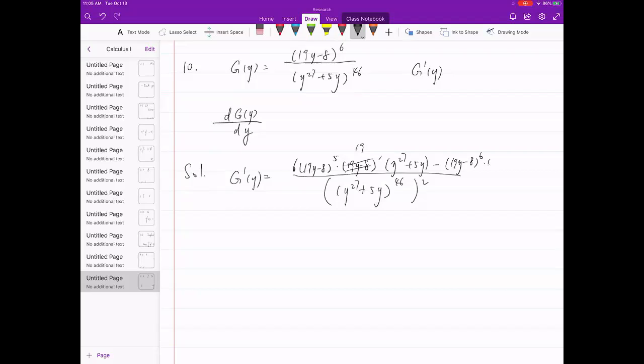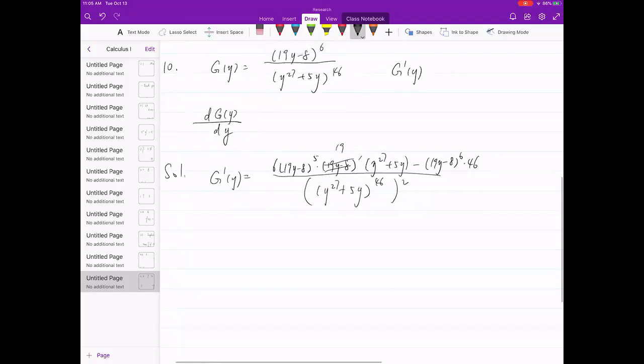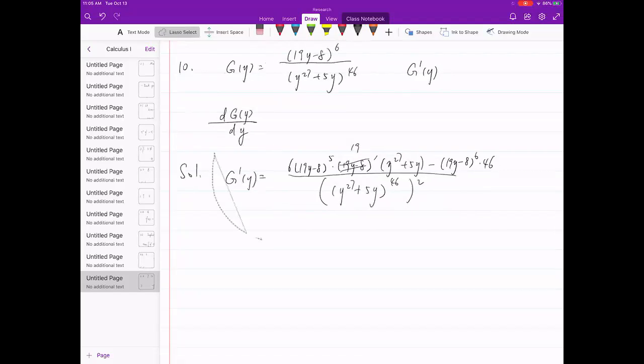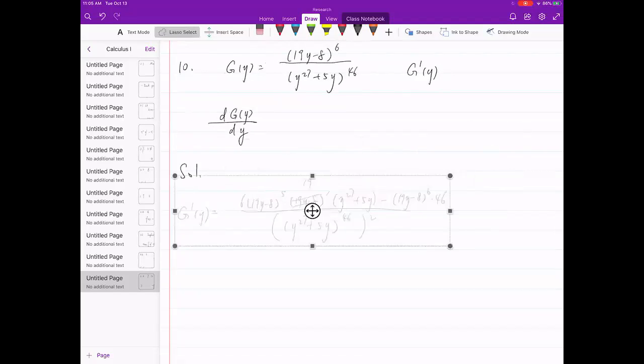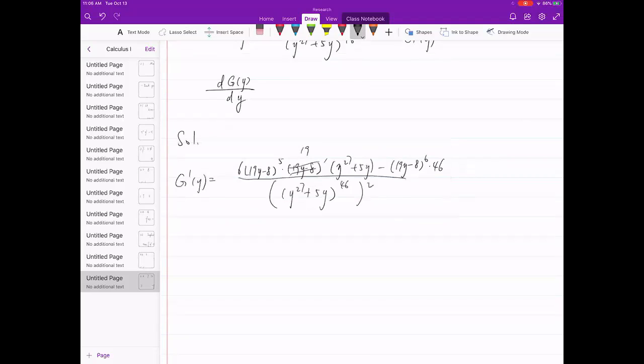Derivative of the bottom, times the derivative of the inside, which is 27y to the 26 plus 5.